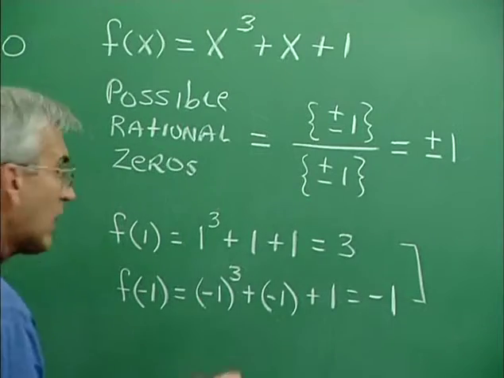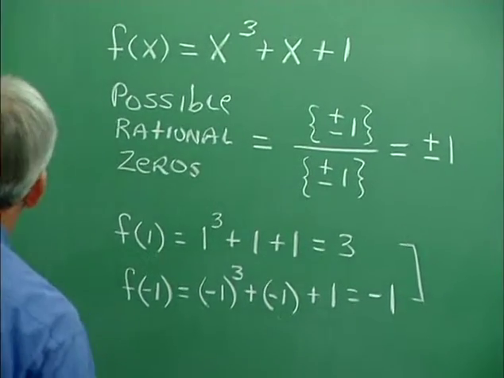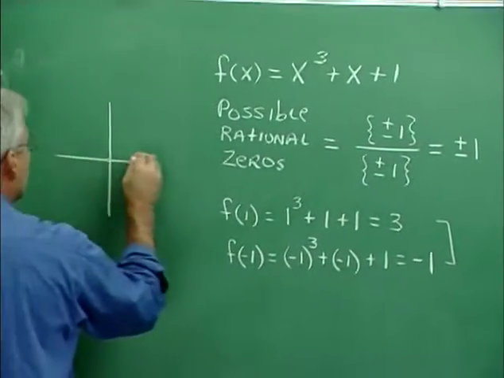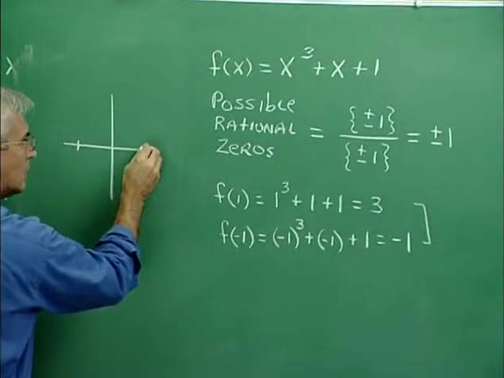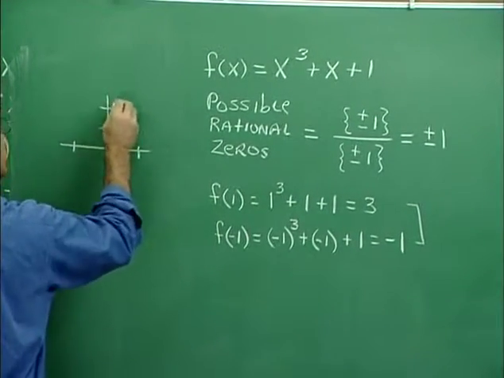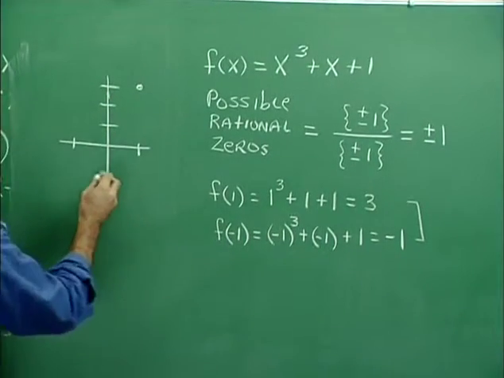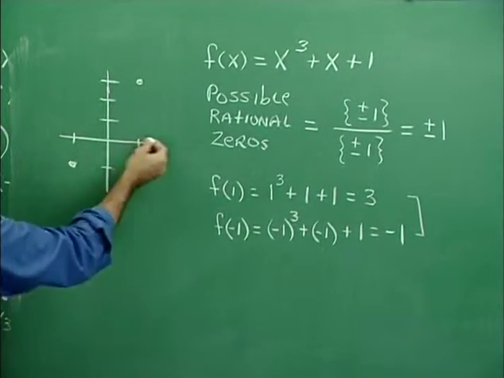That is, if we're thinking graphically here, we think, well, f of 1 is 3. F of negative 1 is negative 1. So there's a crossing within the interval.